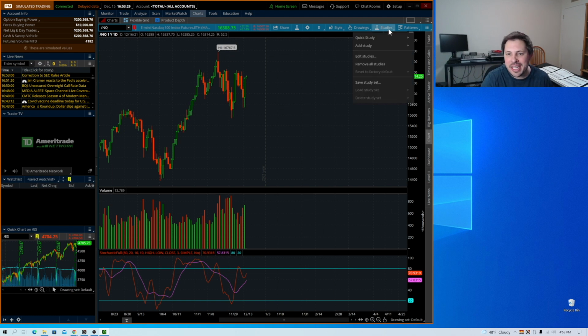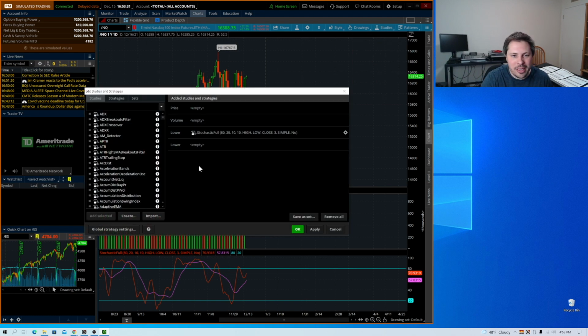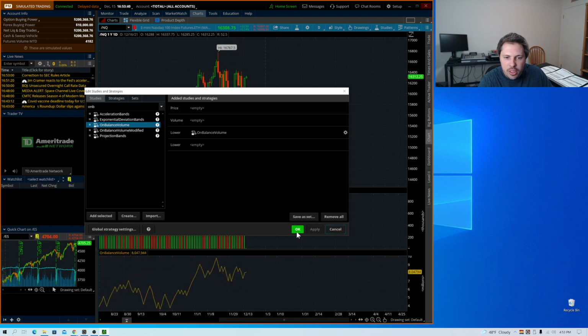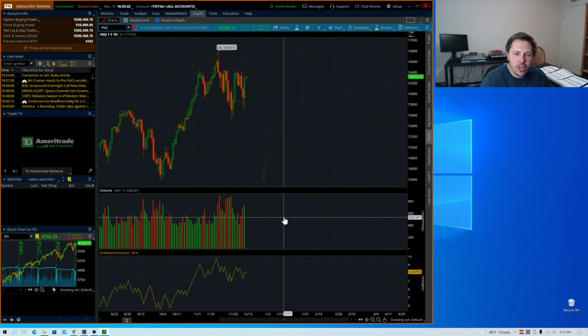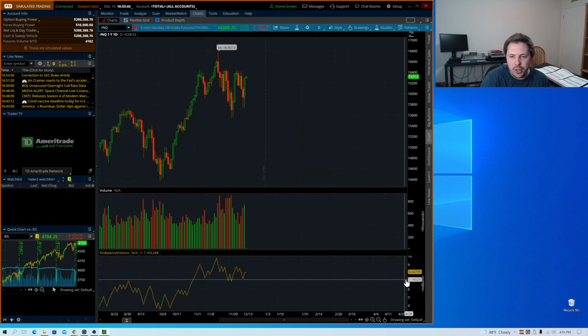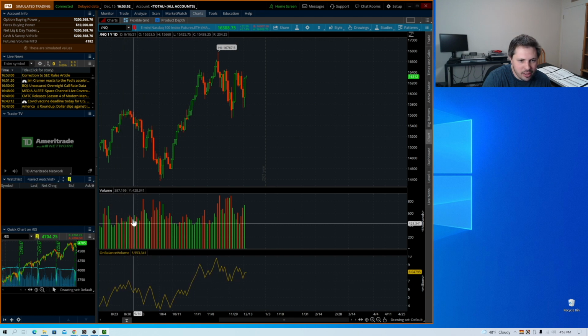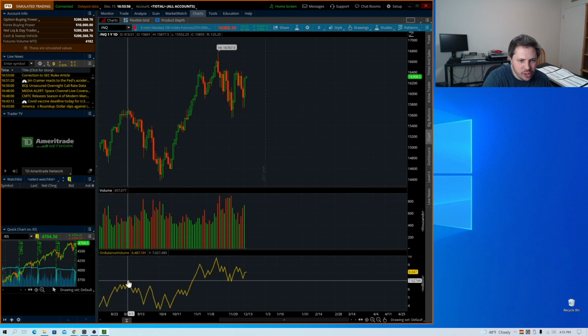Okay. Another common leading indicator would be something like on balance volume. If we're looking at this NASDAQ here, and here's the on balance volume, and now that volume is starting to decrease or go down.